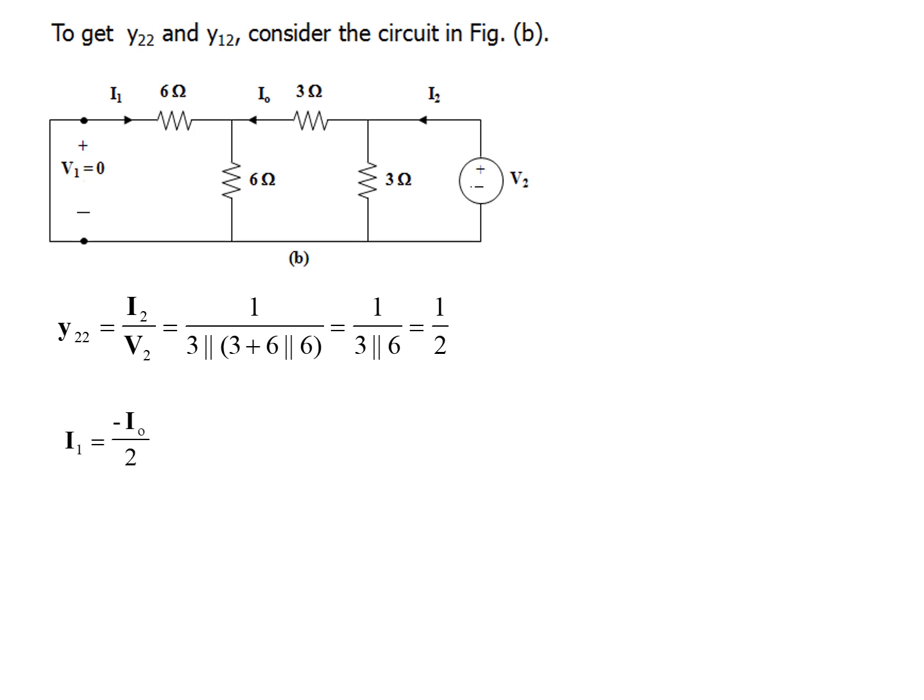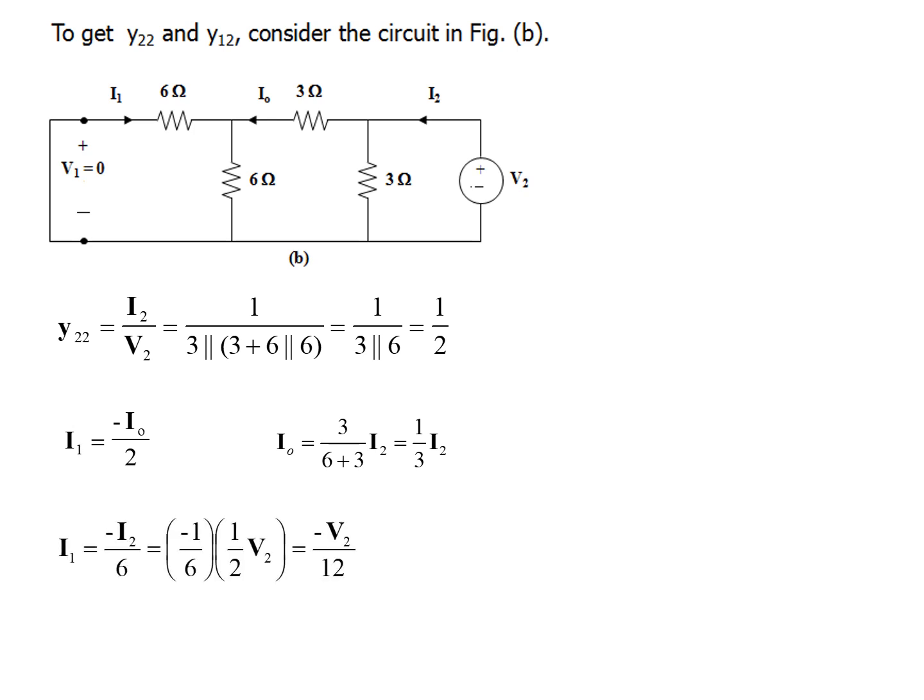And I1 equals minus I0 over 2, and I0 equals 3 over 6 plus 3 multiplied with I2, that is the current division, and we get 1 over 3 I2, and I1 is equal to minus I2 over 6, and that is minus 1 over 6 multiplied with 1 over 2 V2, and that is minus V2 over 12.